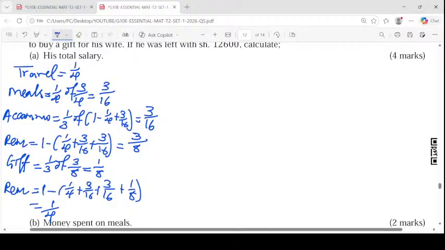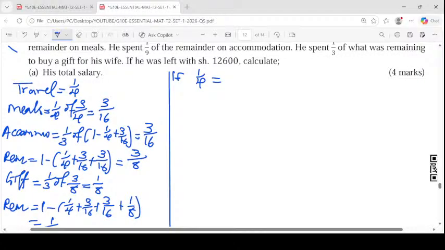So that should be the starting point. We are now going to say, if a quarter, which is the remaining fraction, is equivalent to the remaining amount, which is 12,600, what about the total amount? 1. Cross multiply.